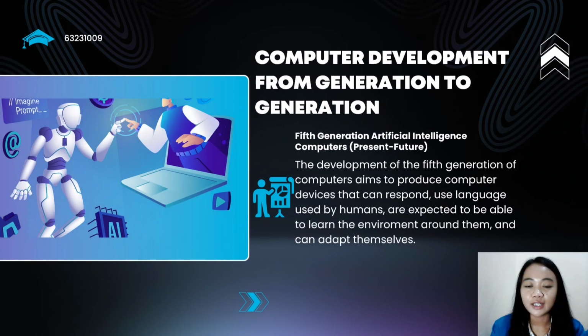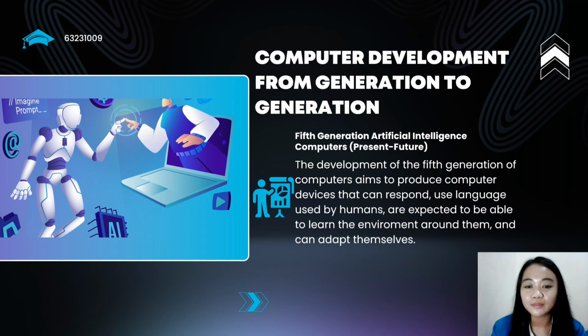The fifth generation computer, for now and the future, is artificial intelligence. The development of this fifth generation computer aims to produce computer devices that have the ability to hear, speak, see, and make conclusions like humans.